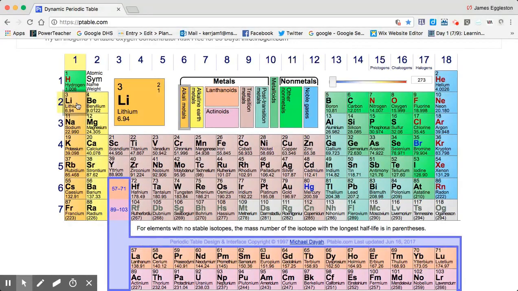Now let's look at where lithium sits underneath hydrogen. This is significant. If we go back to look at hydrogen and look at the electron configuration, we see that hydrogen has only 1 electron in its valence shell, and lithium also has 1 electron in its valence shell. If we continue downwardly, we find sodium.